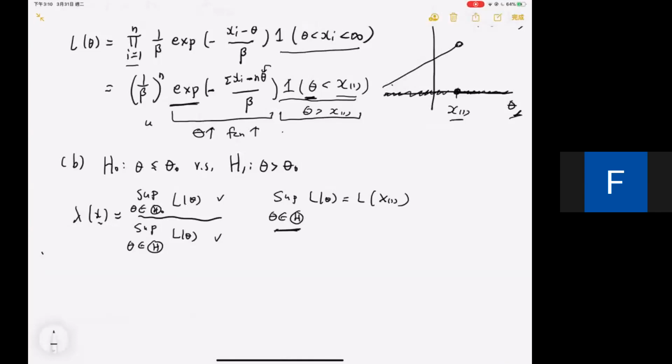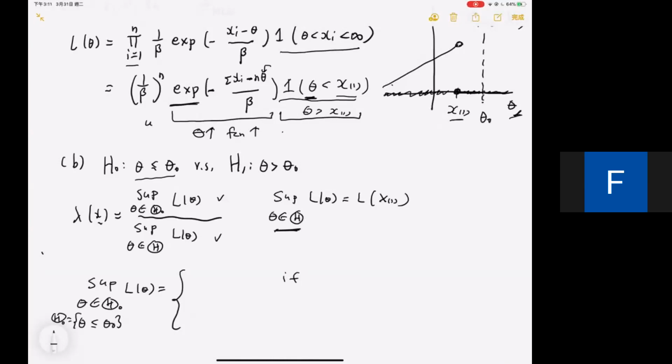Then in addition, the numerator is not where your theta 0 is. Your theta naught, because the null space is theta smaller than theta naught. It's your null space. Now where theta naught is. Say if your theta naught is right here.